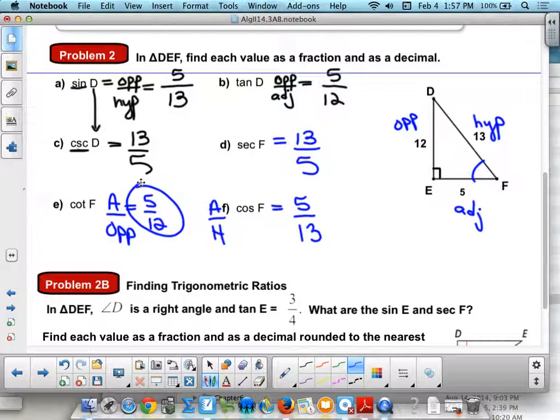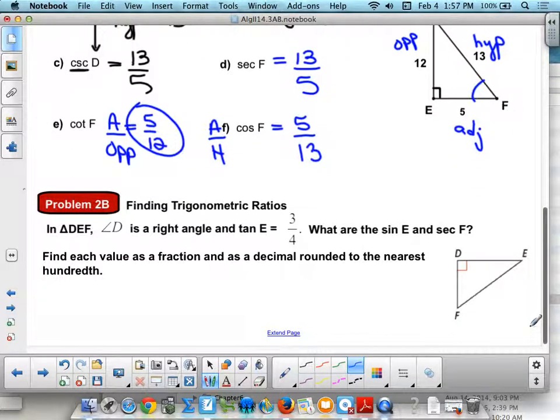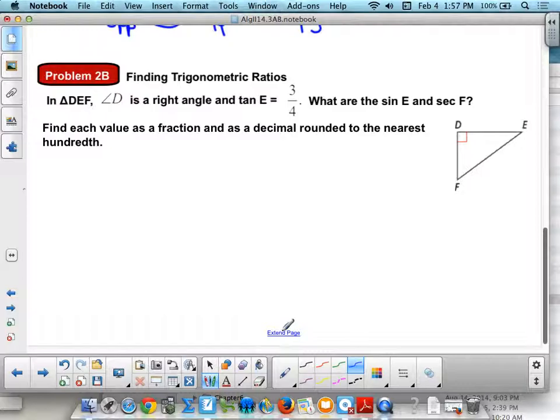Next, down here, it says finding trig ratios. In this triangle, angle D is a right angle, so that's right here. Okay, and tangent of E is what?